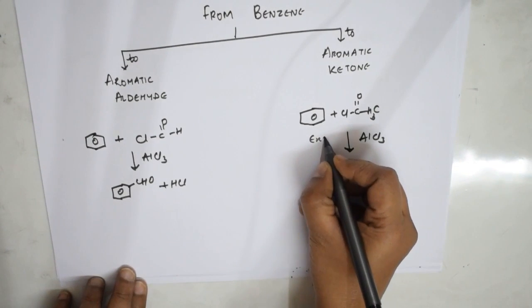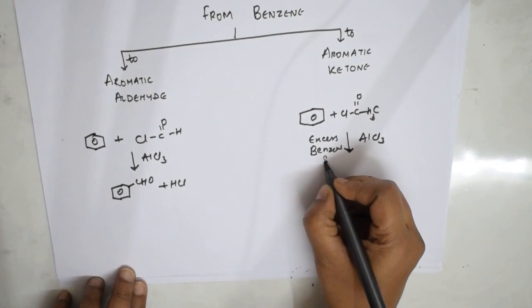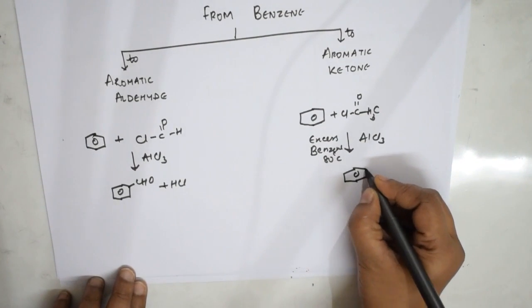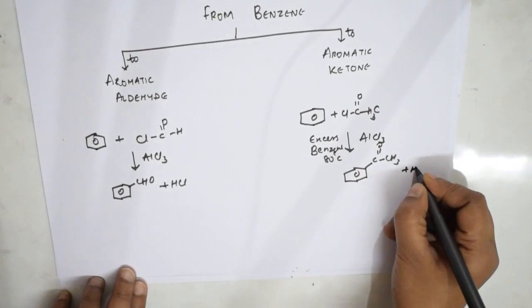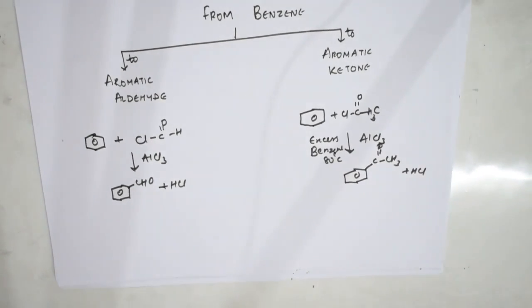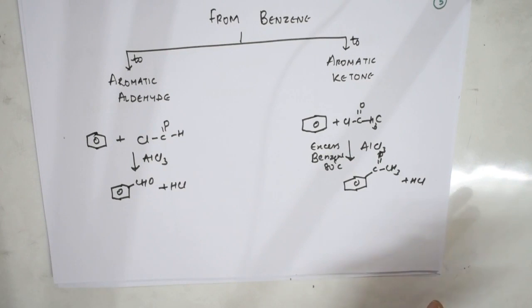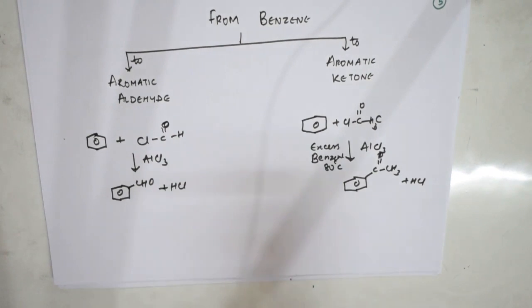Now here you're going to use excess benzene and heat it to 80 degrees. What are you going to get? You're going to get C6H5COCH3 plus HCl. This is the ketone, right, students? So again I'm specifying, please watch the earlier videos. Here I'm just giving you the examples only, so don't get confused and don't panic.